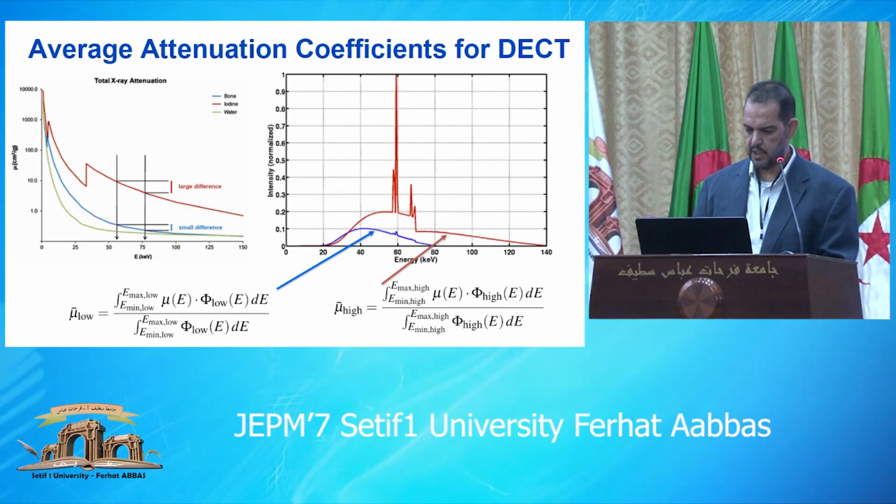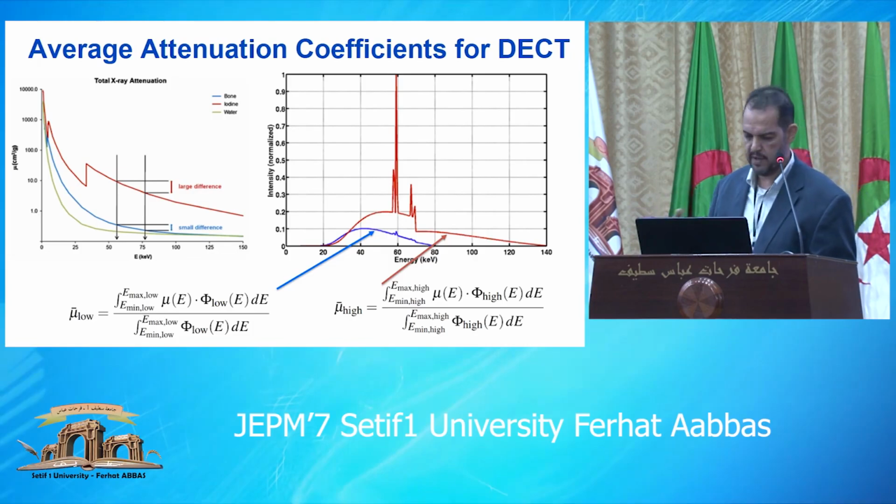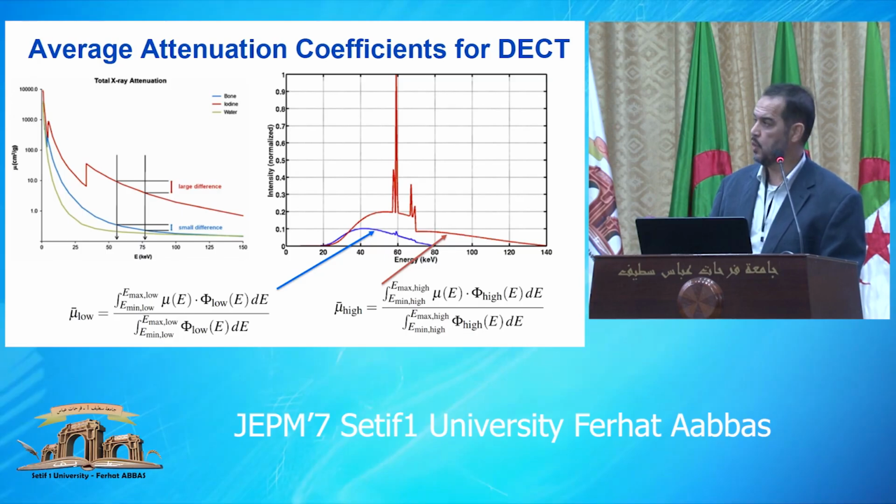If we go to dual energy CT, you have a spectrum at low energy and a spectrum at high energy. If you expose the phantom or the animal or the human to that spectrum, you get an average attenuation coefficient. This is the formula of the average attenuation coefficient. For example, in this case, let's say the minimum energy is 20 and the maximum energy is 80.